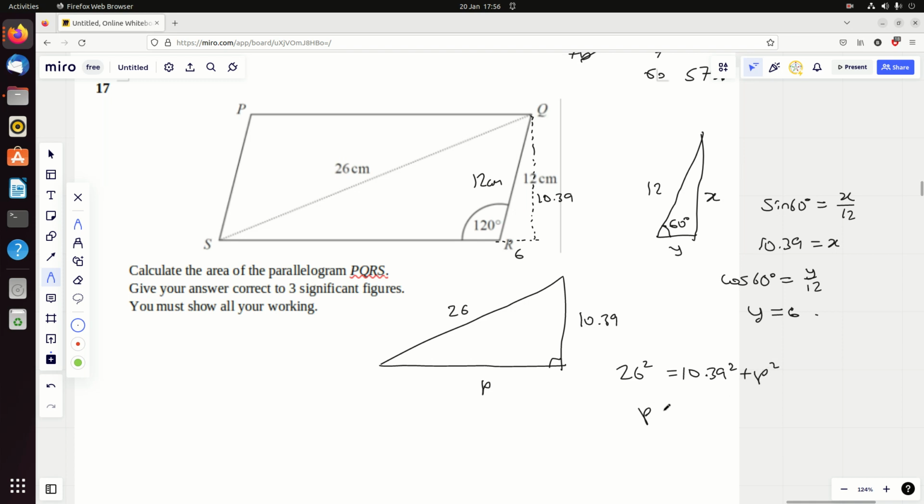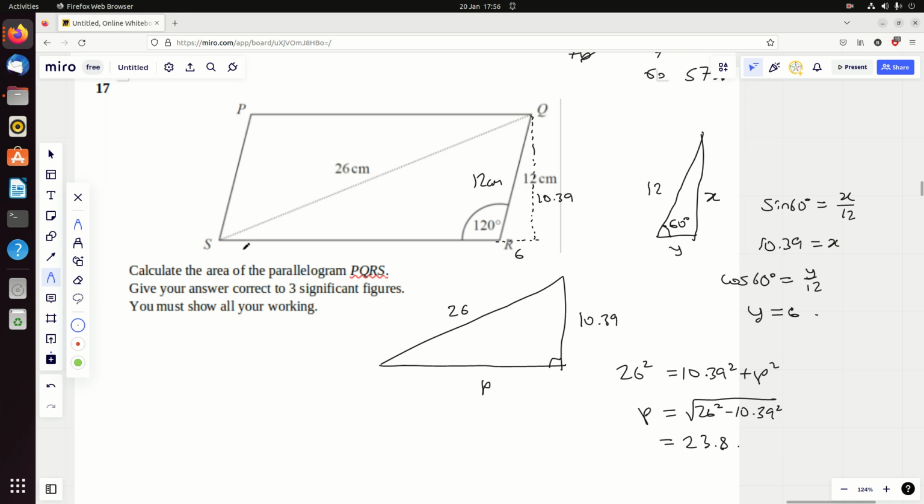And rearranging that, you get P equals the square root of 26 squared minus 10.39 squared. And that comes to 23.8.